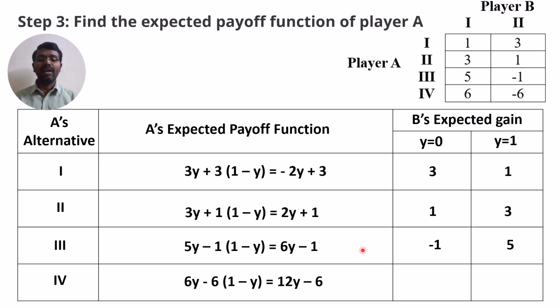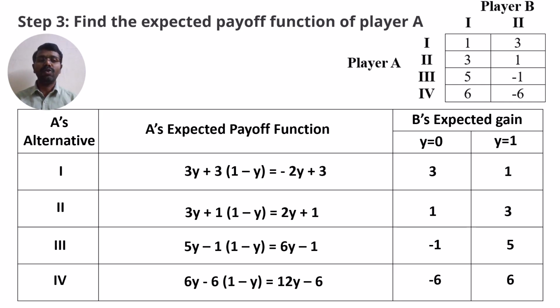For the fourth alternative, if y is 0 this is minus 6, and if y is 1 it becomes plus 6. This is how we calculate B's expected gain.